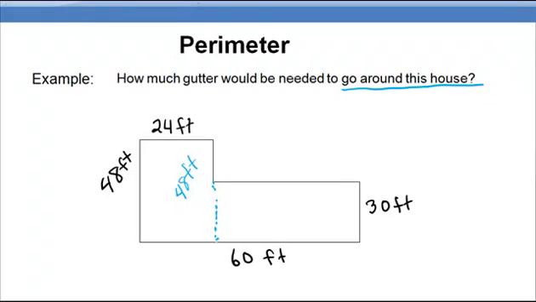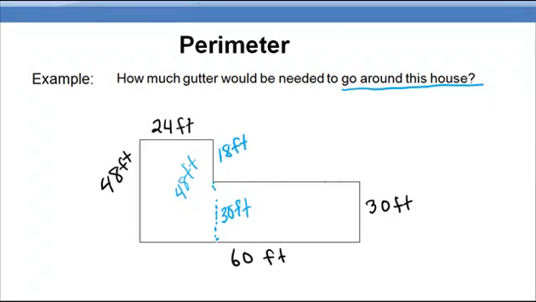The smaller side with the blue dot is 30 because its opposite side is 30. So to get the smaller side up here, if we take the whole length 48 and subtract off this part, which is 30, 48 minus 30 will give us 18 for one of our missing sides.